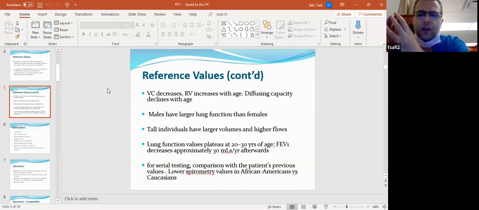Once the elastic recoil of the lung decreases, that leads to the residual volume increasing with age. And once the residual volume increases, remember the total lung capacity is a summation of the vital capacity and the residual volume. So if the residual volume increases, what happens to the vital capacity? It decreases with age. Same thing for the diffusing capacity.